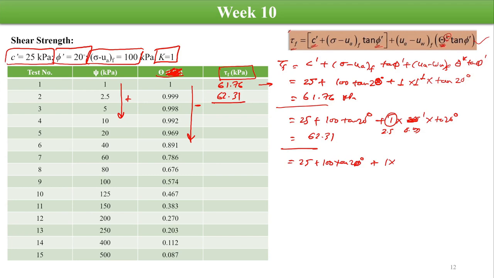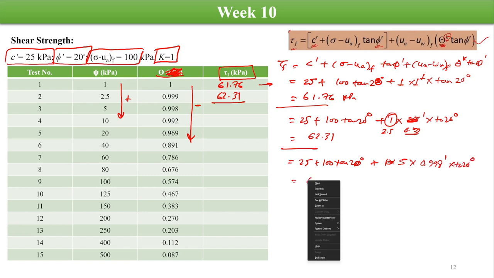So the value will remain unaltered. It will be same because 0.99 will be almost equal to 1. So here it is going to be 5 multiply 0.998 to the power 1 into tan 20 degrees. Solving it, we will be getting 63.21.